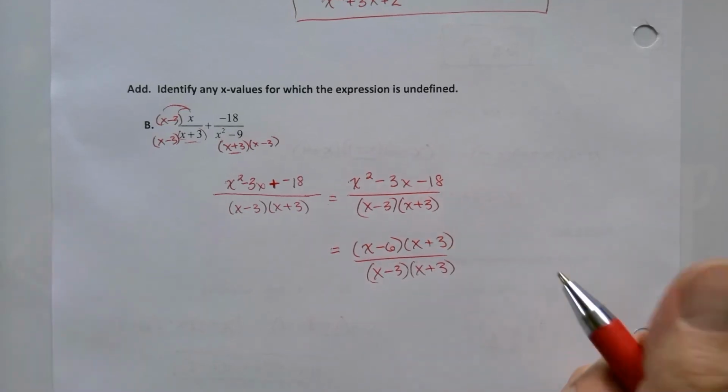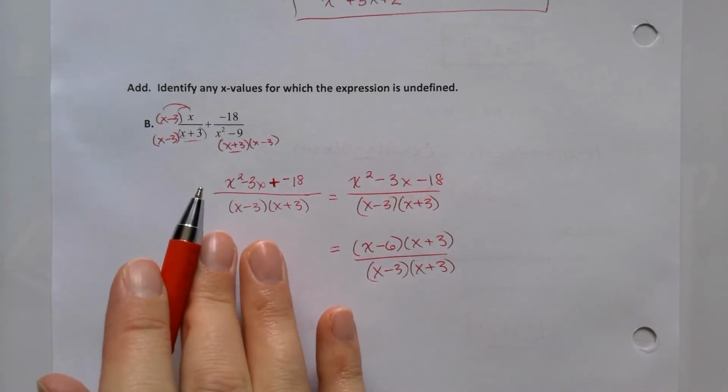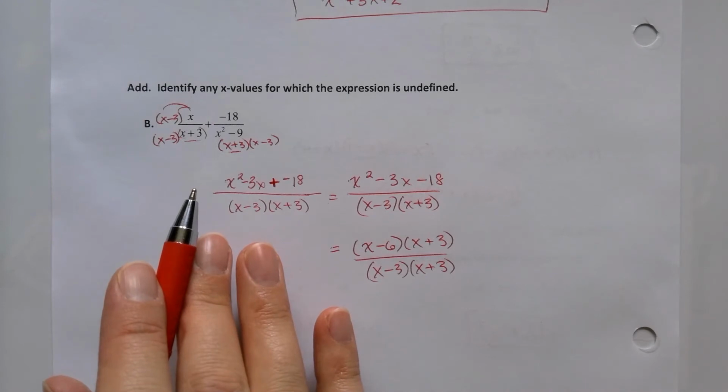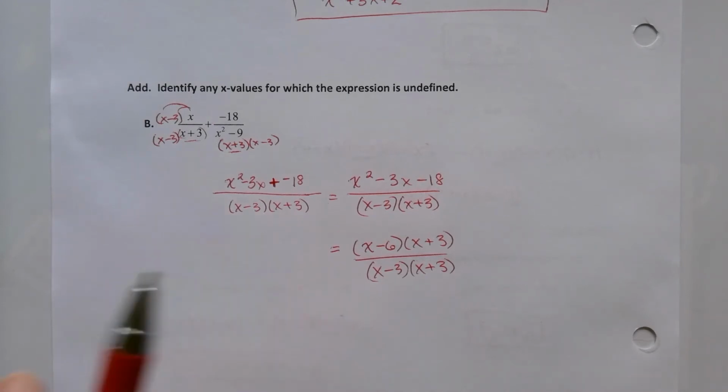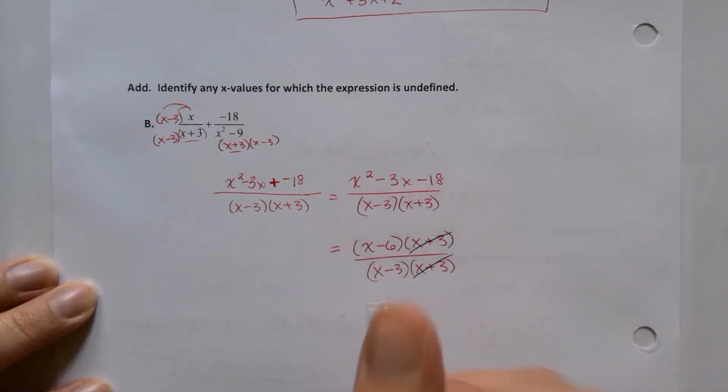And so this addition and subtraction takes us right back to simplifying rational expressions like we did with one fraction or multiplication and division. And so you can see that the x plus 3's are going to cancel, and my final answer is x minus 6 over x minus 3.